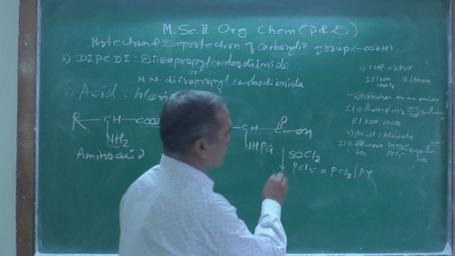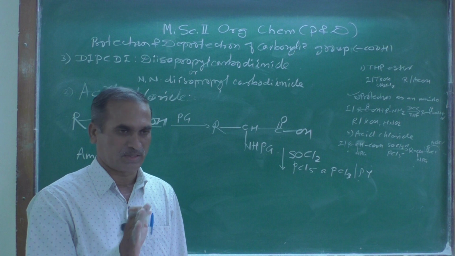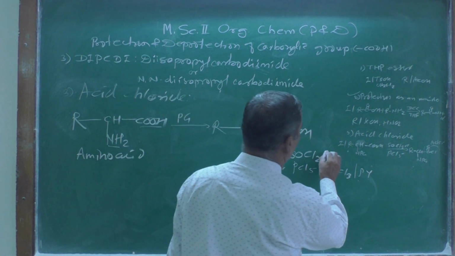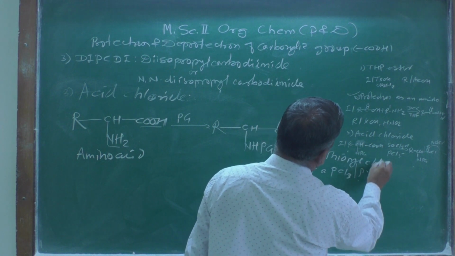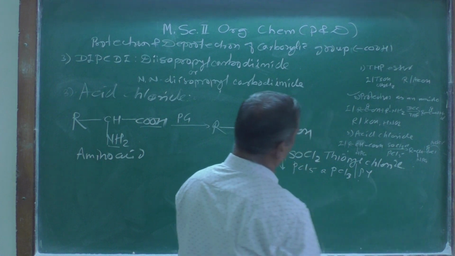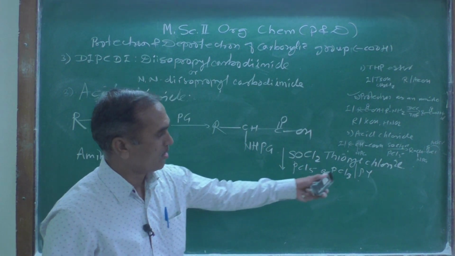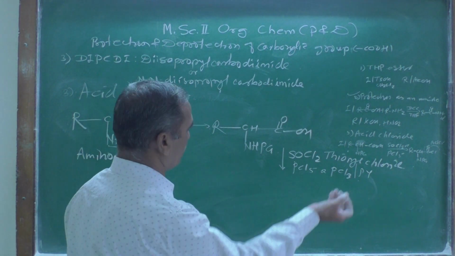Do you know the name of SOCl2? SOCl2 is known as thionyl chloride. PCl5 means phosphorus pentachloride, PCl3 means phosphorus trichloride, and pyridine everybody knows.